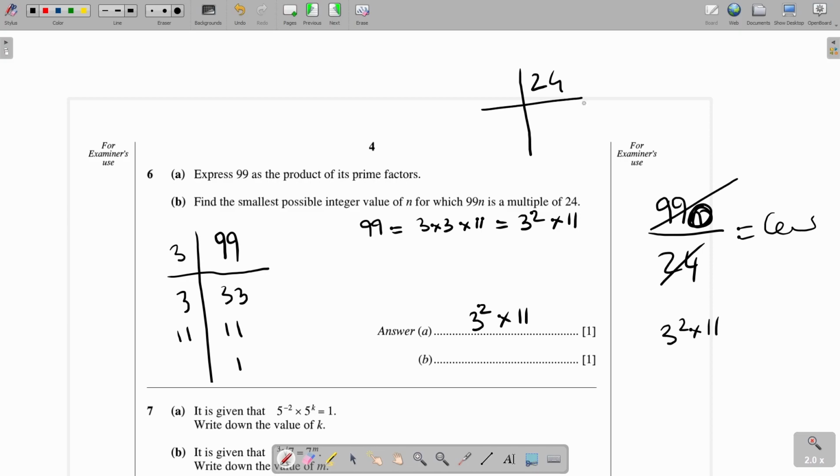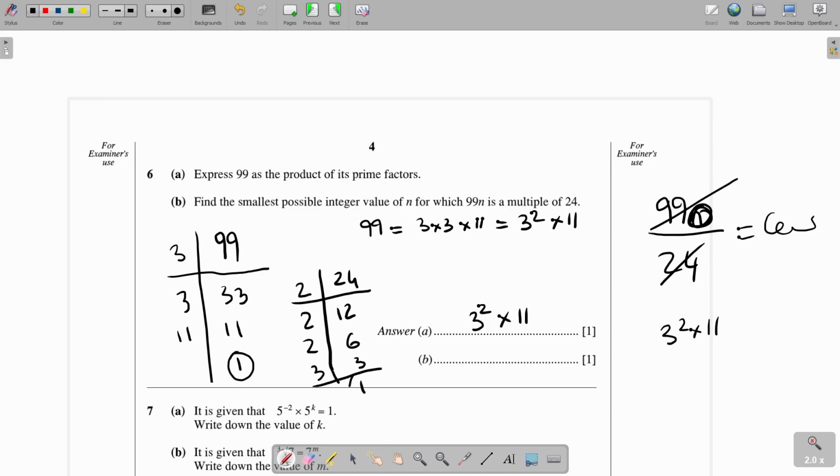To find out what 24 is, the first prime it gets divided by is 2, so that makes 12, another 2 makes 6, then another 2 makes 3, and then a 3 makes 1.